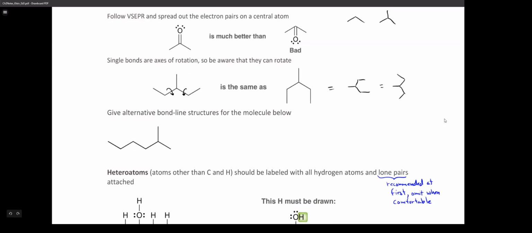How else could I do this one? Well, how about like this? Down. So how many do I have? 1, 2, 3, 4, 5. So that's the same as this.